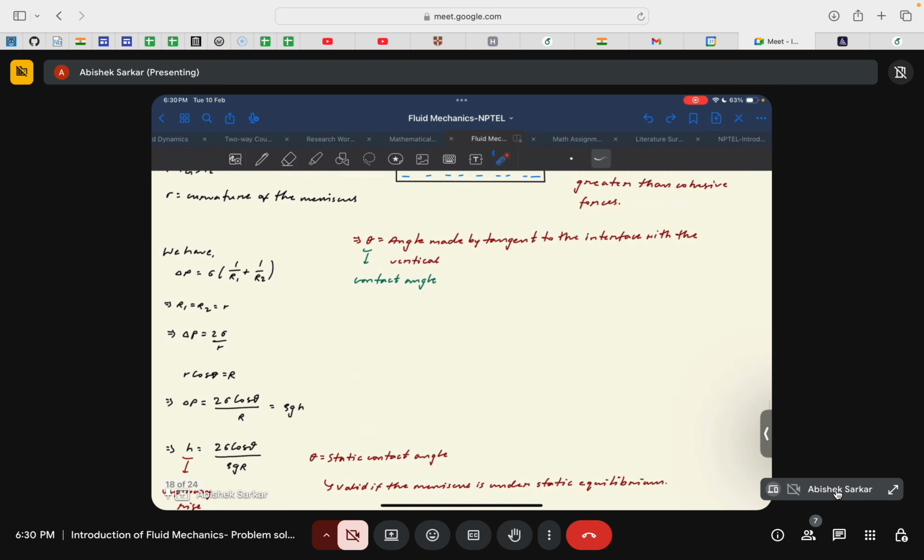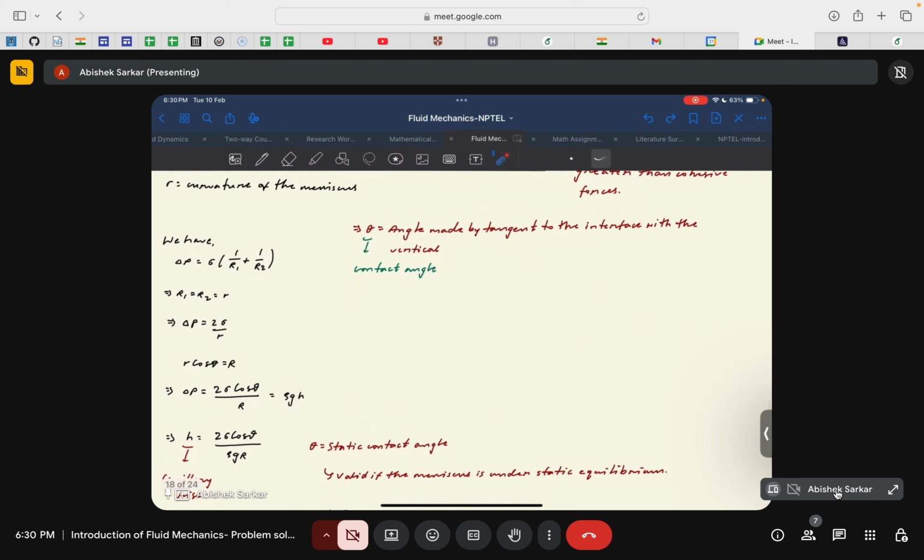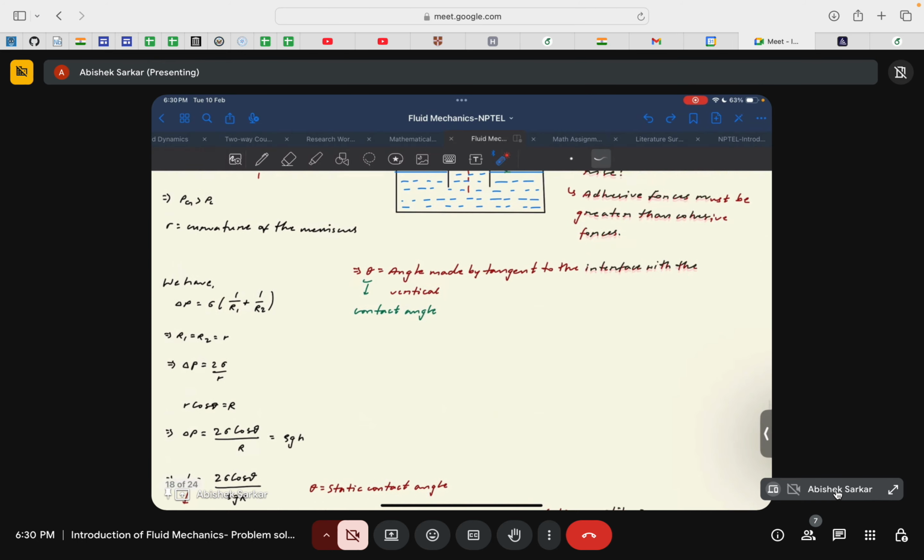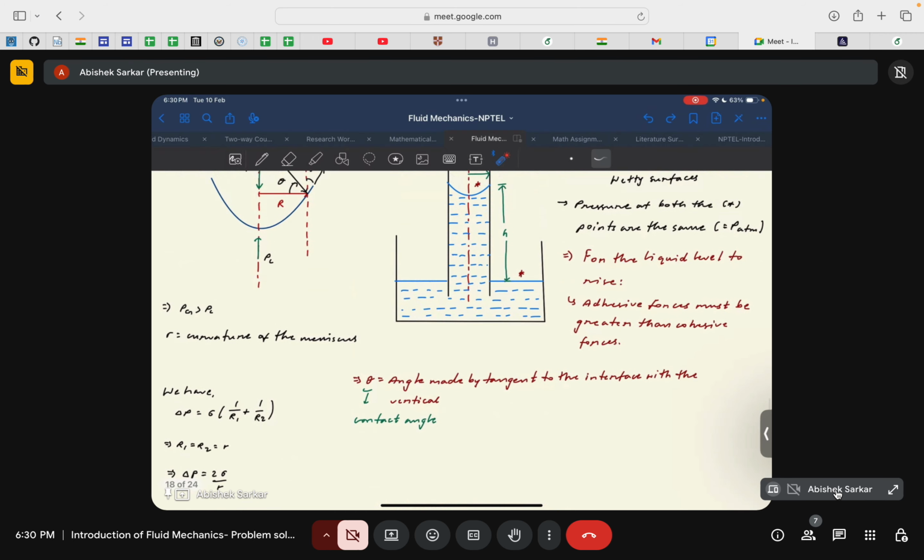If you substitute this r in terms of the geometrical dimension from the radius of the capillary tube, you can write delta P to be 2 sigma cos theta by R. And this delta P would be equal to the pressure attained by the rise of this liquid column.